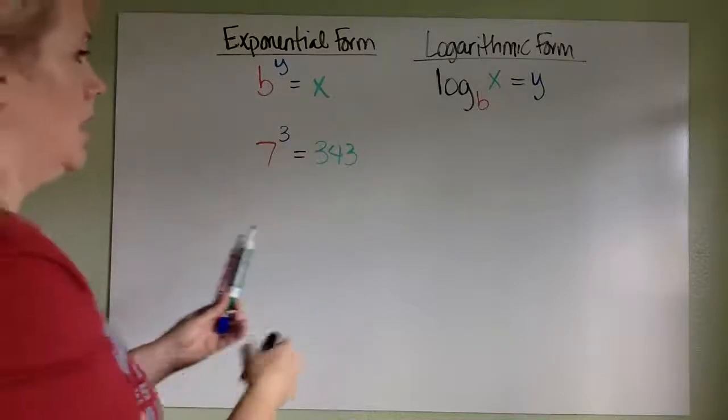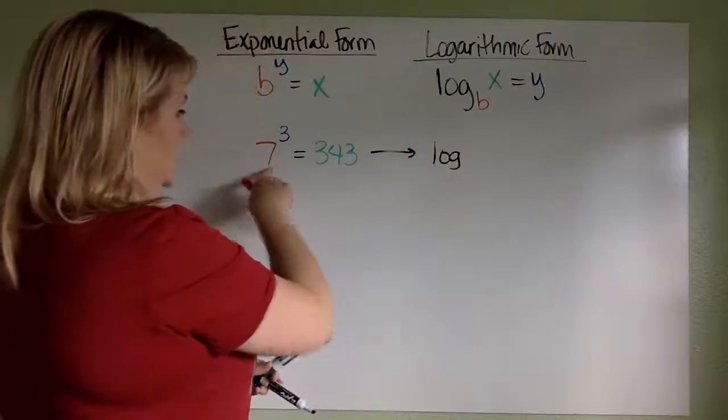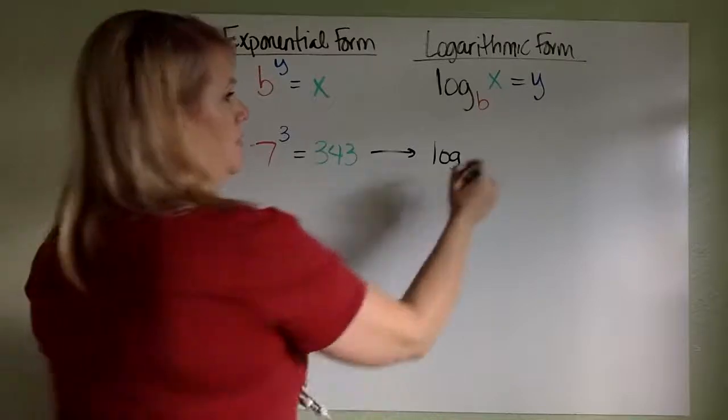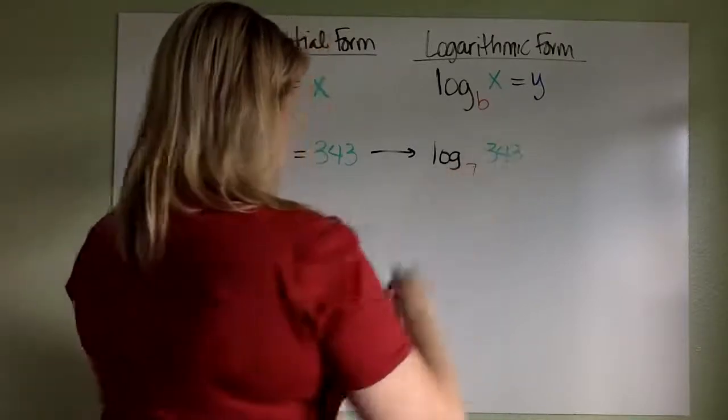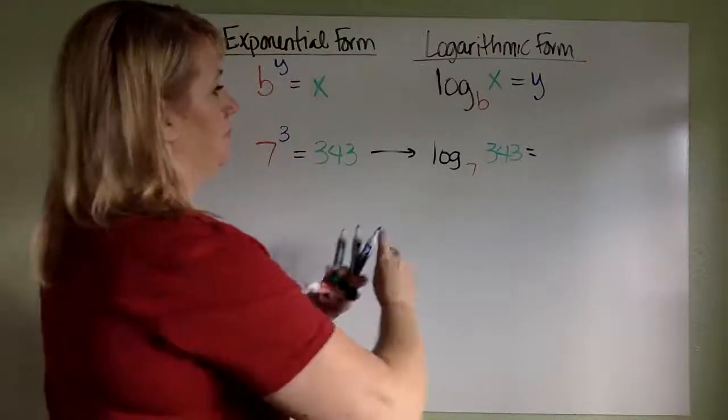The base over here is the 7, so log base 7 of 343 is equal to 3.